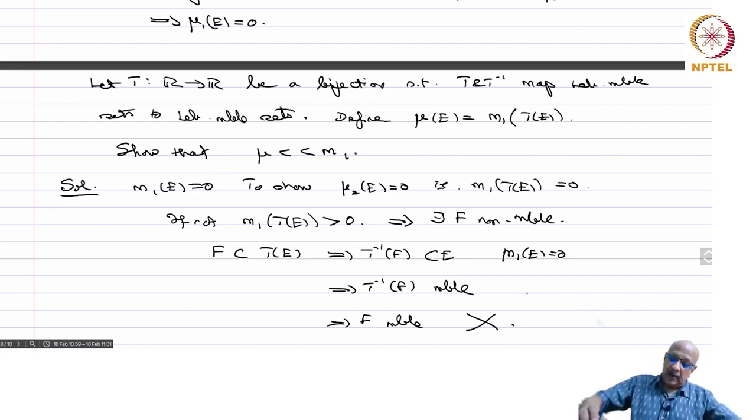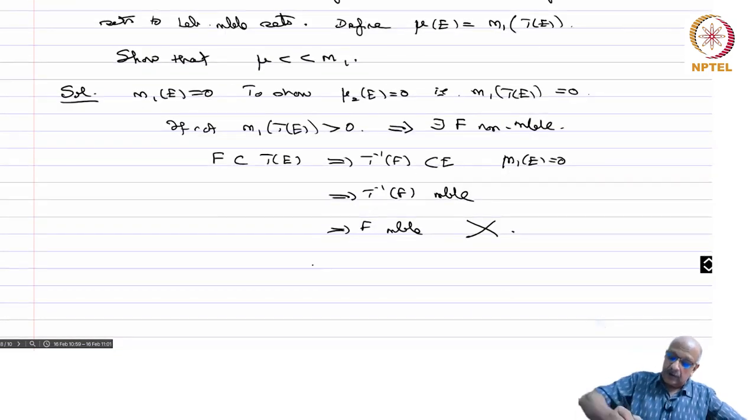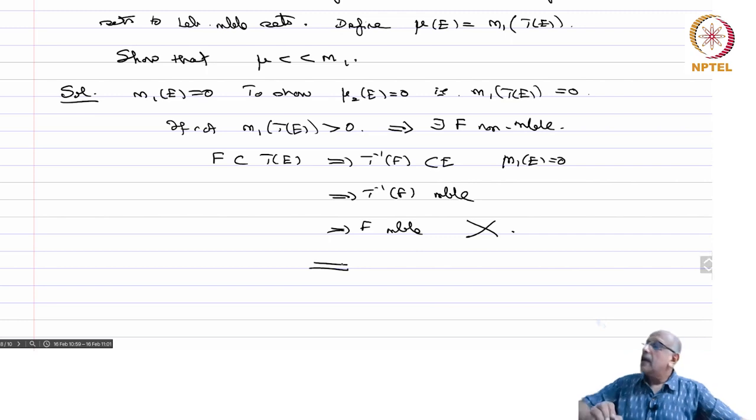Therefore you have that M1 of TE is 0, and therefore you have absolute continuity. Okay, so we will stop with this, and next time we will start measurable functions.